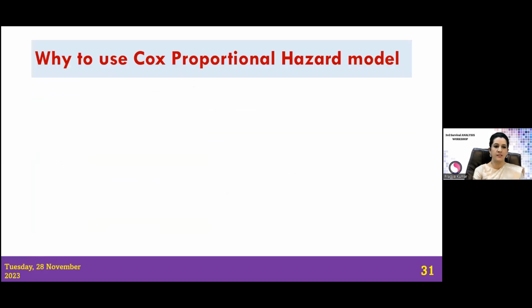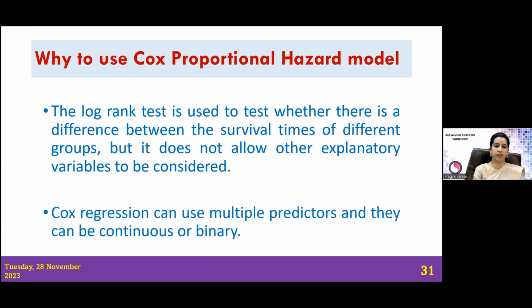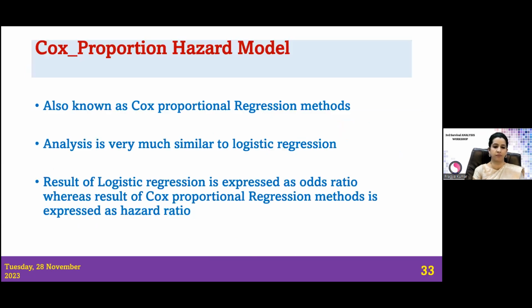So now we know why we use this Cox proportional hazard model. Because in Kaplan-Meier survival, you can have only one variable. You can't have many variables to adjust. But in Cox regression, you can use multiple predictor variables, and they can be continuous or binary, like we do in logistic regression.